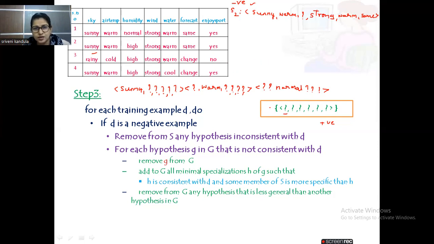Next, coming to the next attribute, here we have warm. So let us take an opposite value of this, that is cool. The next attribute, opposite value of that I should take.